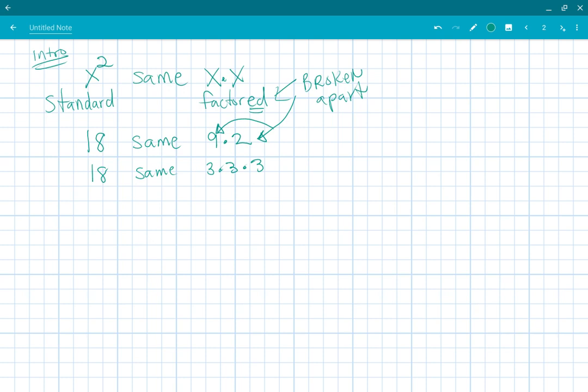Now, when you break it apart, you're breaking it apart with multiplication, right? Not by addition. Because 18 is the same as 17 plus 1, but that's not a factor. Factor is when you break it apart with multiplication.